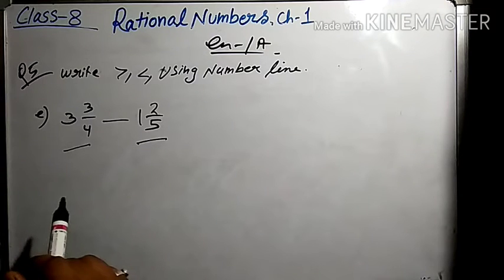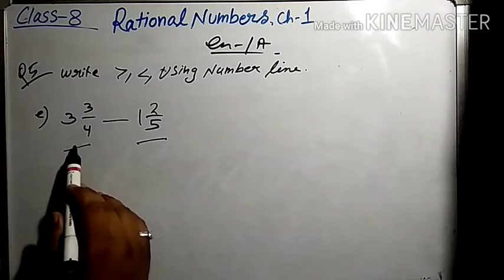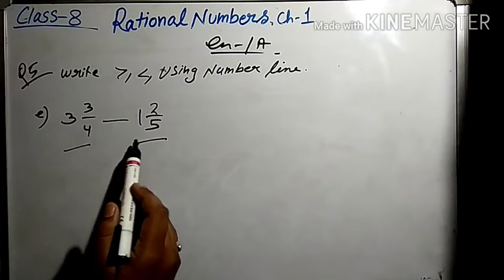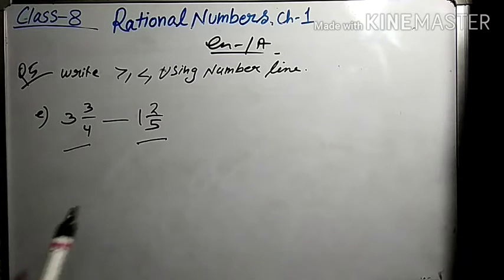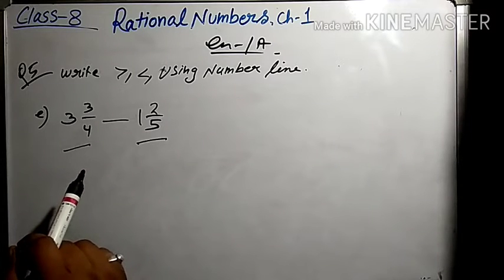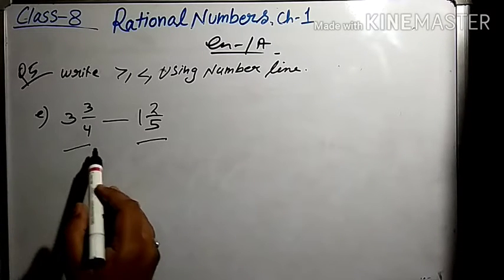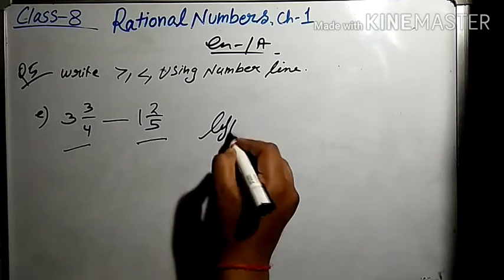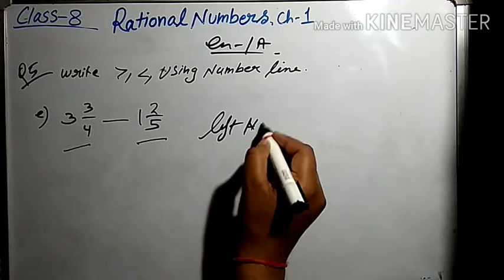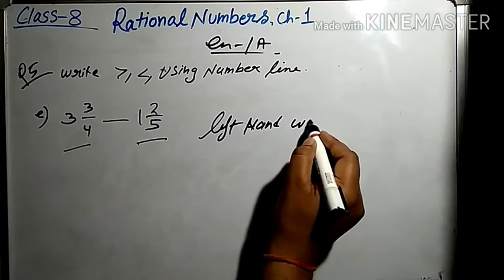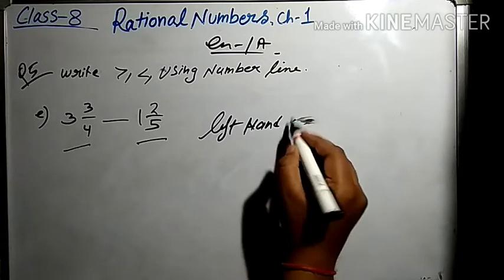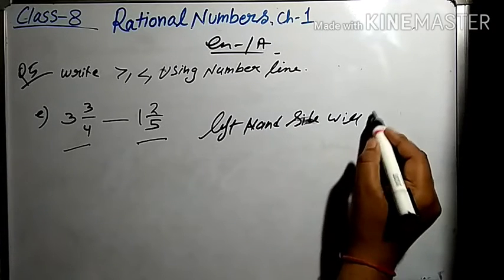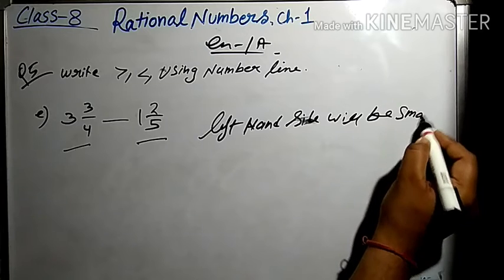Next question. Now the next question is to find which is greater using the given number line. Now when we have two numbers and a number line is given to us, already in my previous introductory part of rational numbers, I had explained to you that the rational number which is on the left hand side will be smaller.